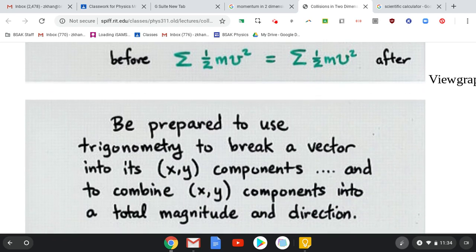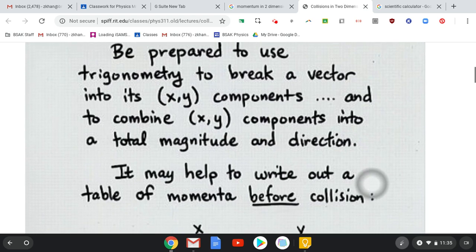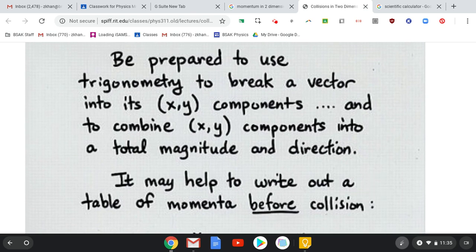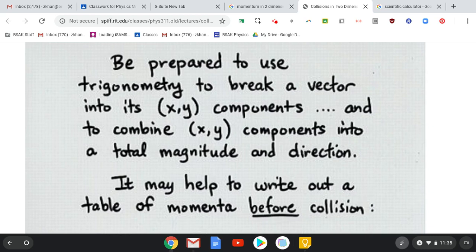So here, because we are looking at momentum in x and y components, and then with kinetic energy, we are looking at magnitudes, we should be considering both Pythagoras and trigonometry. It may help you to answer questions in a number of different techniques.